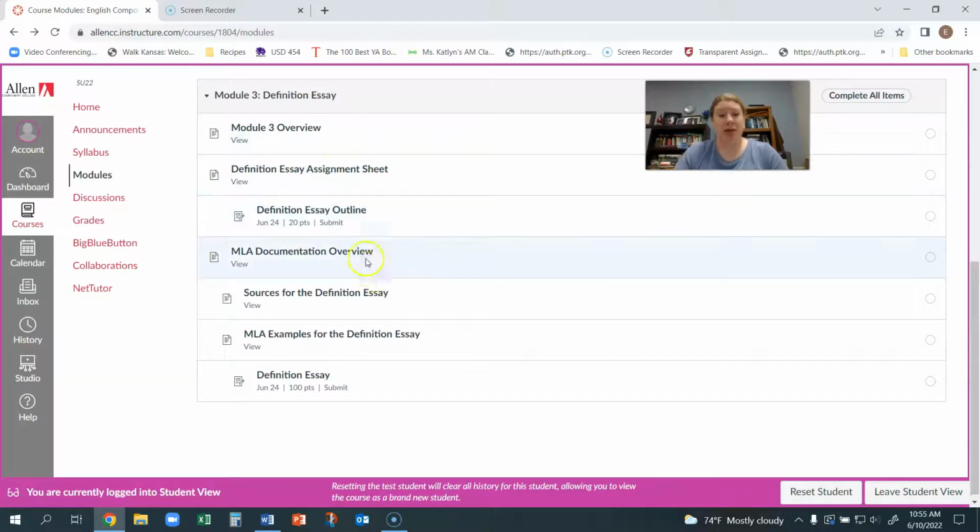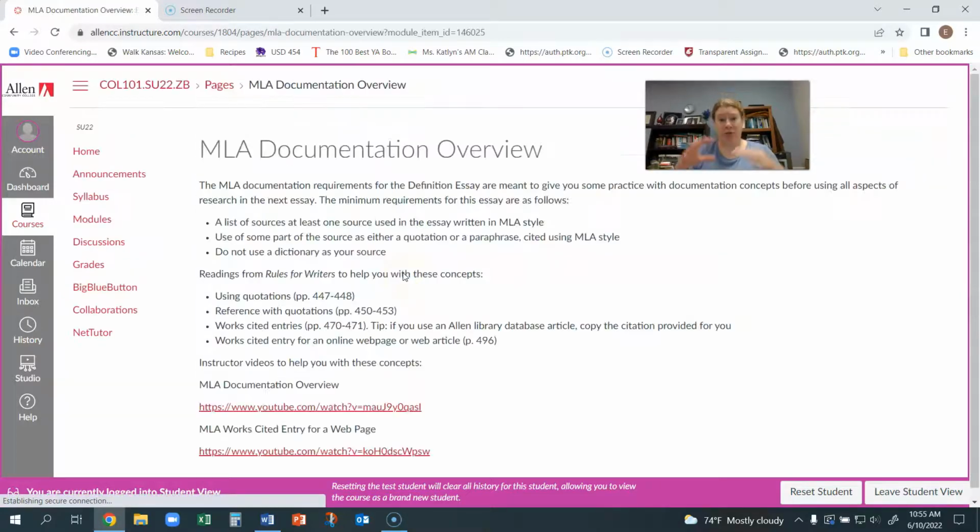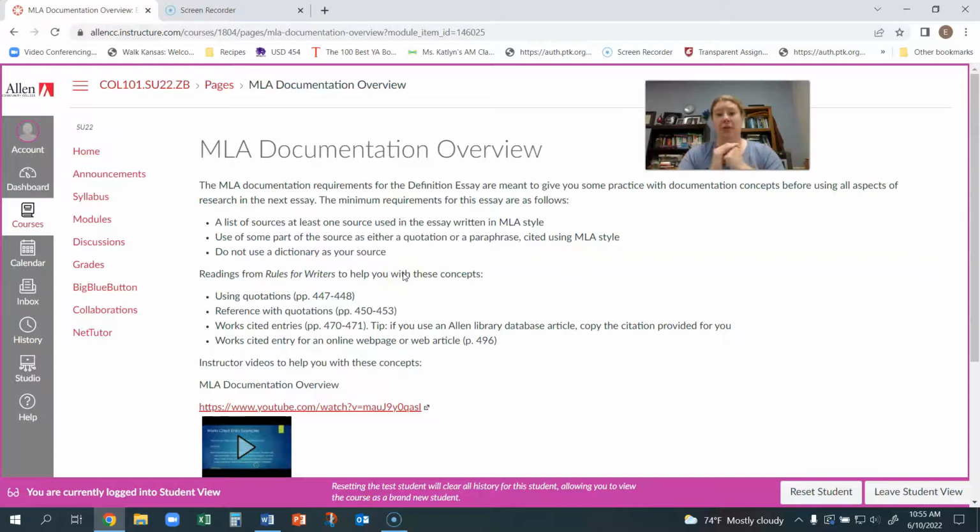The other thing in the module is the documentation material. I have an overview of documentation for those of you who have never used MLA before. This will be your first introduction to it. It is very complicated. A lot of students get frustrated with it because it seems like there are so many rules. However, if you are a logic-brained type of person, keep in mind that documentation is sort of a formula.